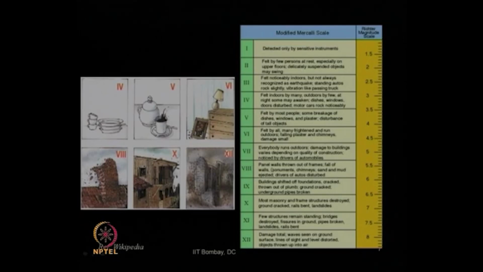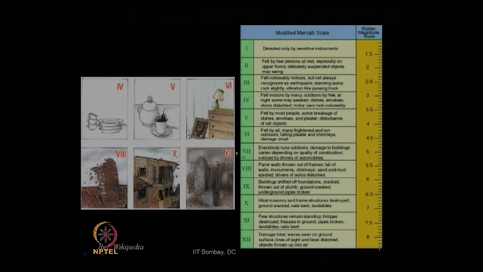As I said, we can go from the Modified Mercalli intensity scale to the Richter magnitude scale, but we cannot do the reverse, that is, from the Richter magnitude scale we cannot come back to the intensity scale, because it may happen that the earthquake occurred in a locality where there is no habitant. So, there is nobody who felt it, or there is no observer or no damage at all.